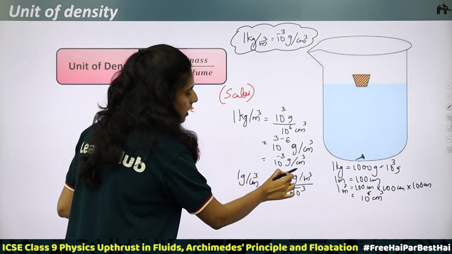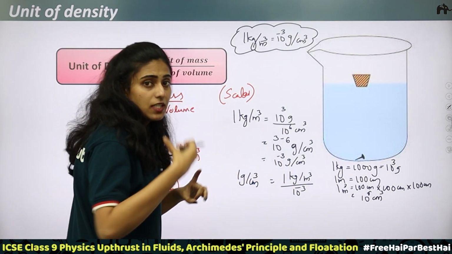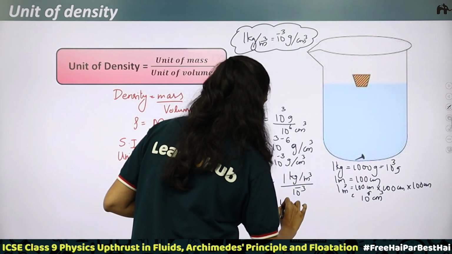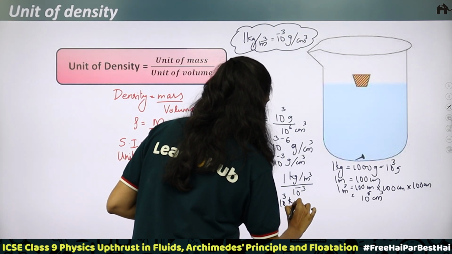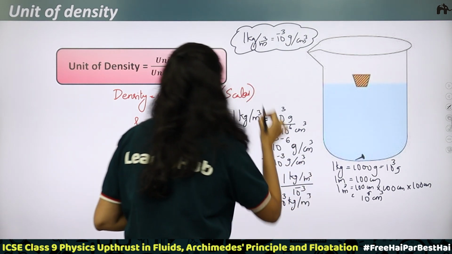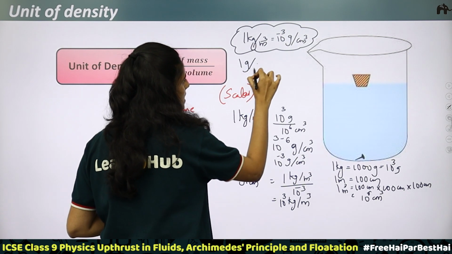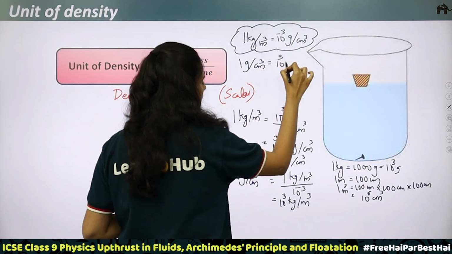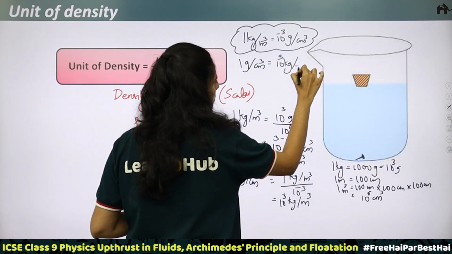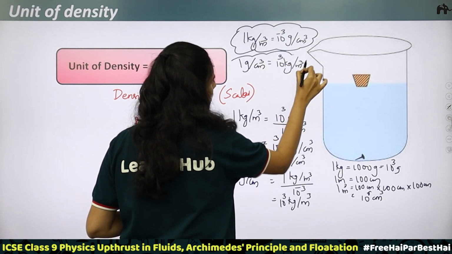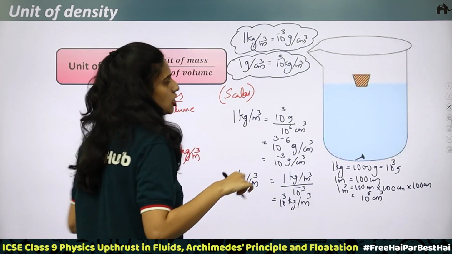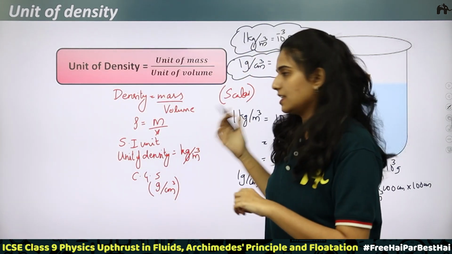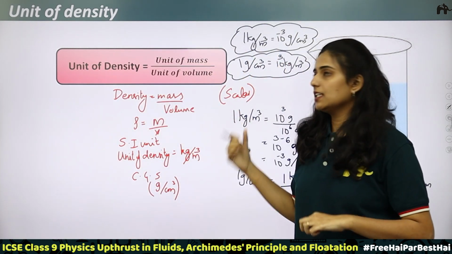Now when this is taken to the numerator, 10 raised to minus 3 becomes 10 raised to 3, which is equal to 10 cube kilogram per meter cube. Therefore 1 gram per centimeter cube is equal to 10 raised to 3 kilogram per meter cube. So this is the conversion of the units of density in the SI system and in the CGS system.